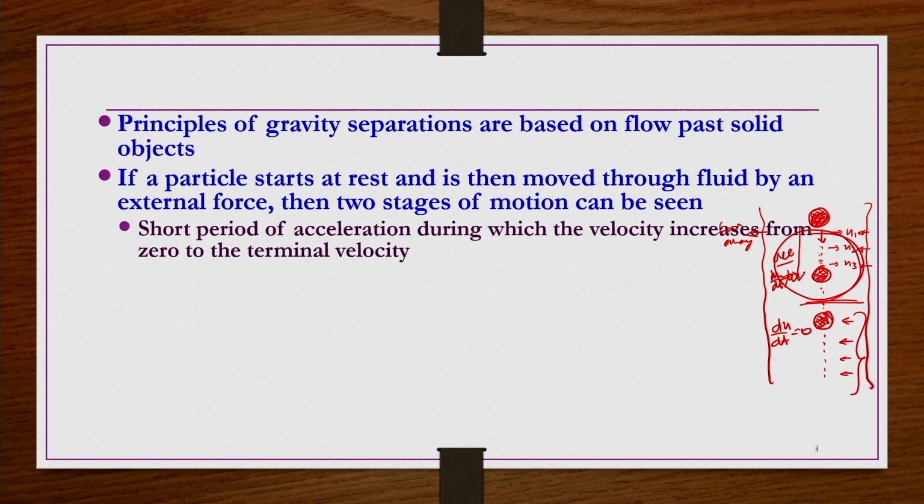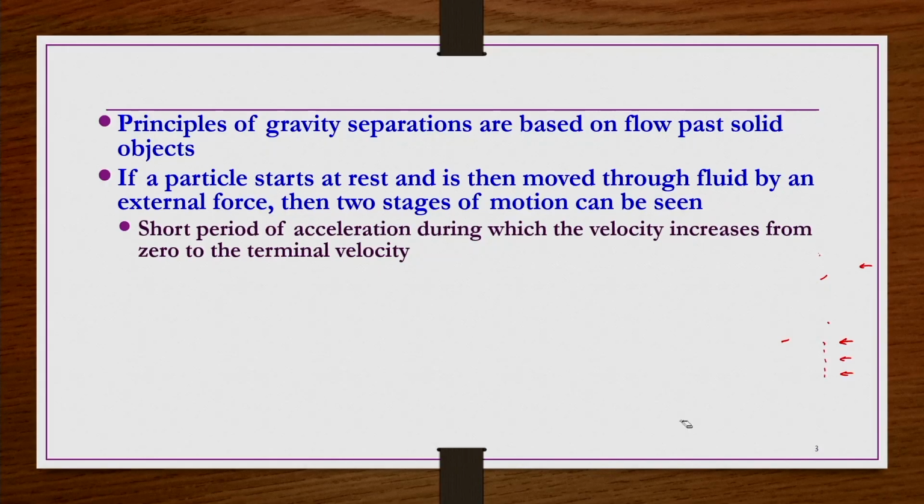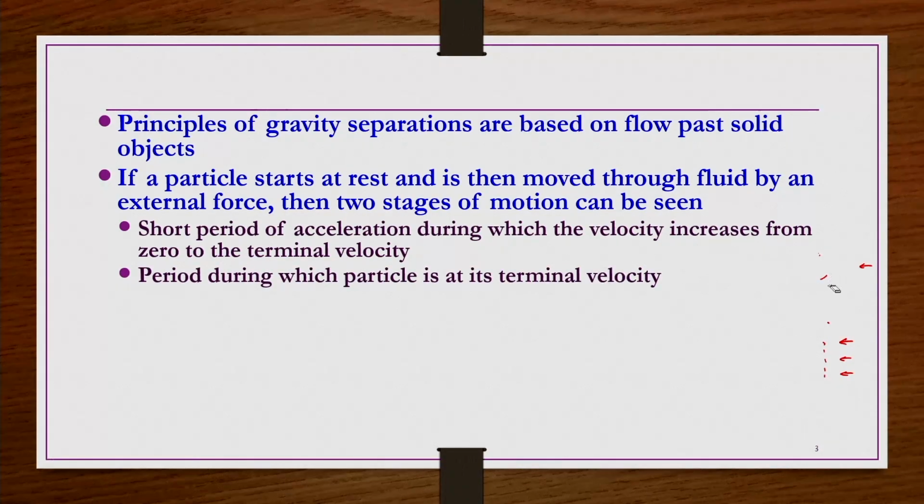A short period of acceleration during which the velocity increases from 0 to the terminal velocity, where du by dt is not 0, and then it increases up to a maximum velocity which is called the terminal velocity.